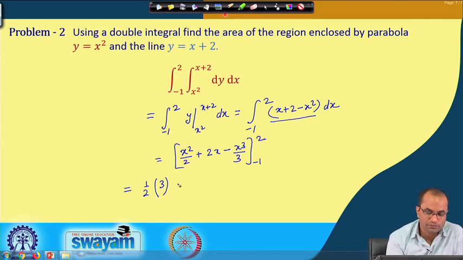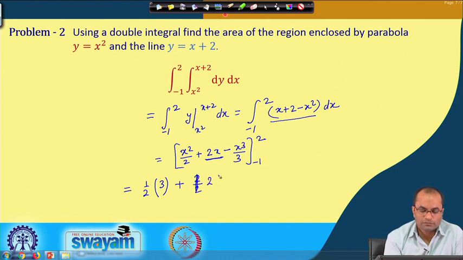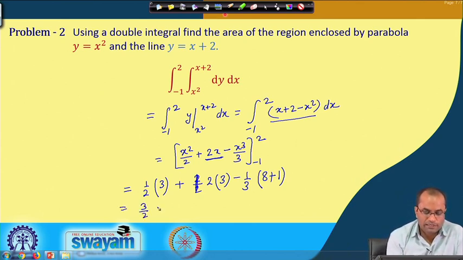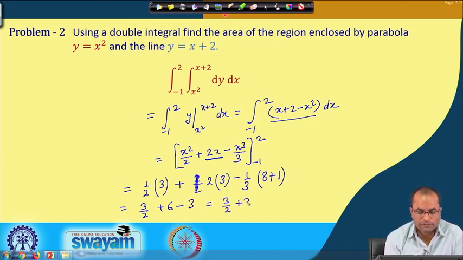So, here we get 3 by 2 plus 6 minus 3, that means 3 by 2 plus 3, which is 9 by 2.